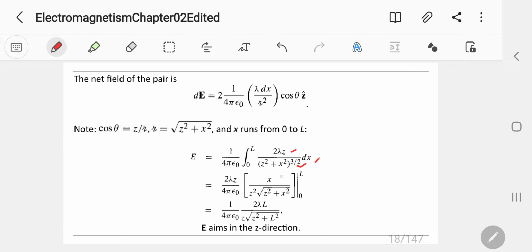And now the integral of this one, by the way, the lambda and the z are constant, so you can take them all out of the integral.